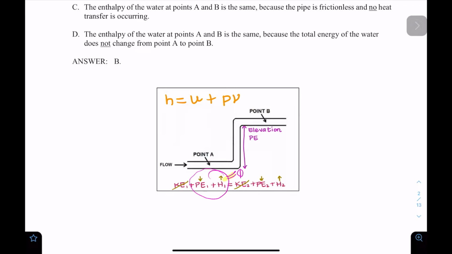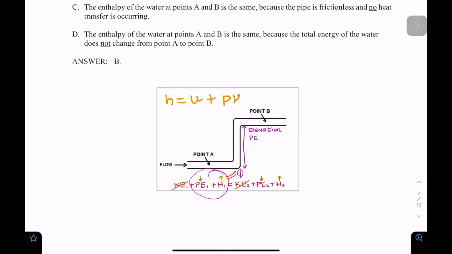So we're also going to have this Bernoulli kind of equation in here, right? Where we have the kinetic energy, potential energy, right? And also we're going to have our enthalpy. So we need to determine which one is going up and down.